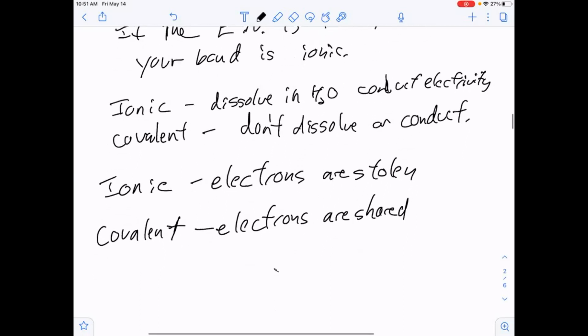So let's do a couple examples of ionic. Let's do sodium chloride.